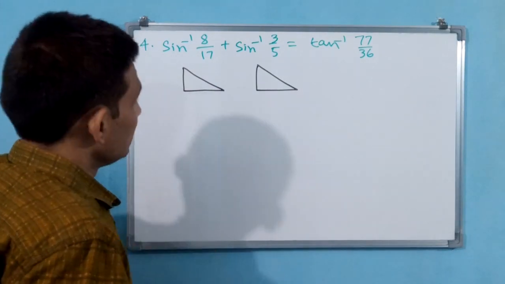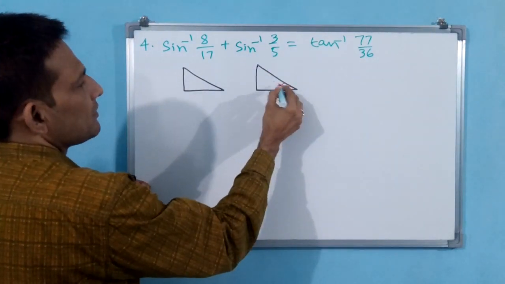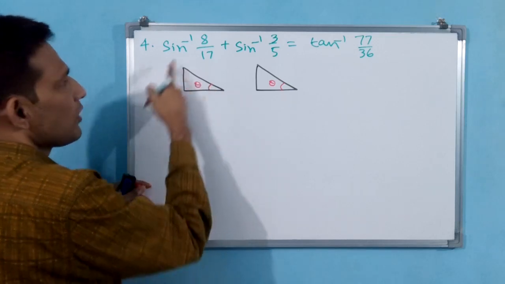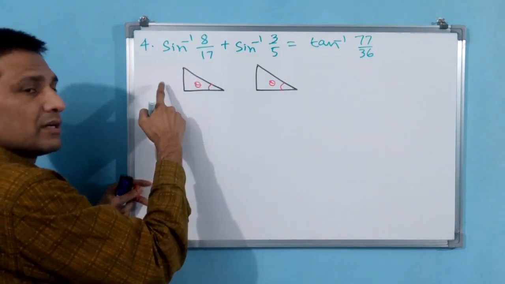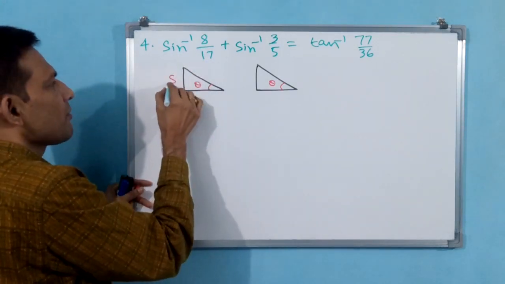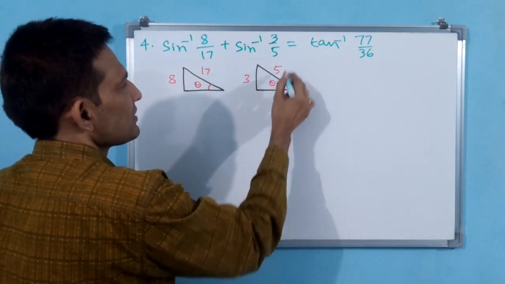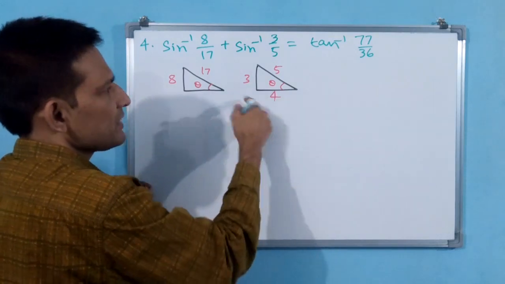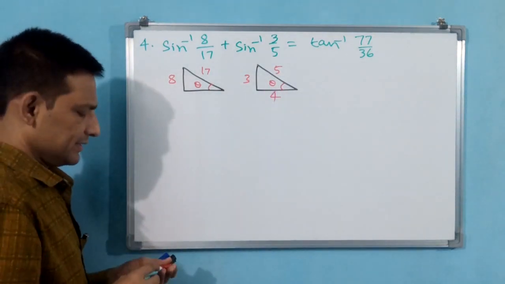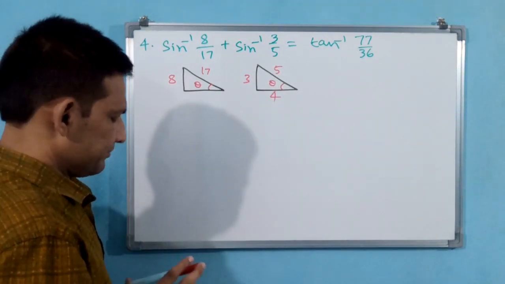For this we know 4, but for this we have to calculate. Sine means opposite by hypotenuse. What will be here? 4. Why? Because 3, 4, 5 is a triplet.